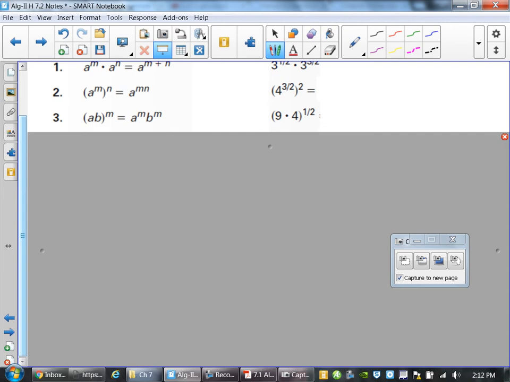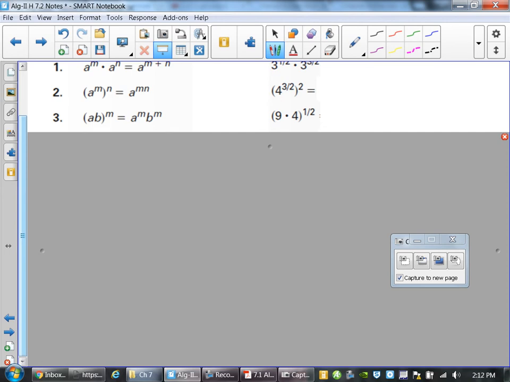So if you have 9 times 4 to the 1/2, there are two ways you can go about that. Distribute the power, you get 9 to the half times 4 to the half. What's 9 to the half power? 4 to the half power? Or I could have done it this way. Order of operations tells me to work inside out, and I still get this exact same thing.